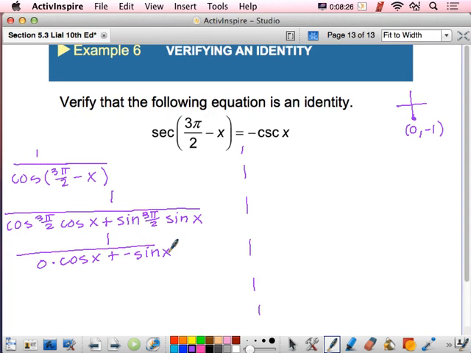So really that's just 1 over the negative sine of x, right? This whole piece goes to 0. So you have 1 over negative sine of x. And now if I use a reciprocal identity again, that really 1 over sine of x is cosecant, so really that's just negative cosecant of x.